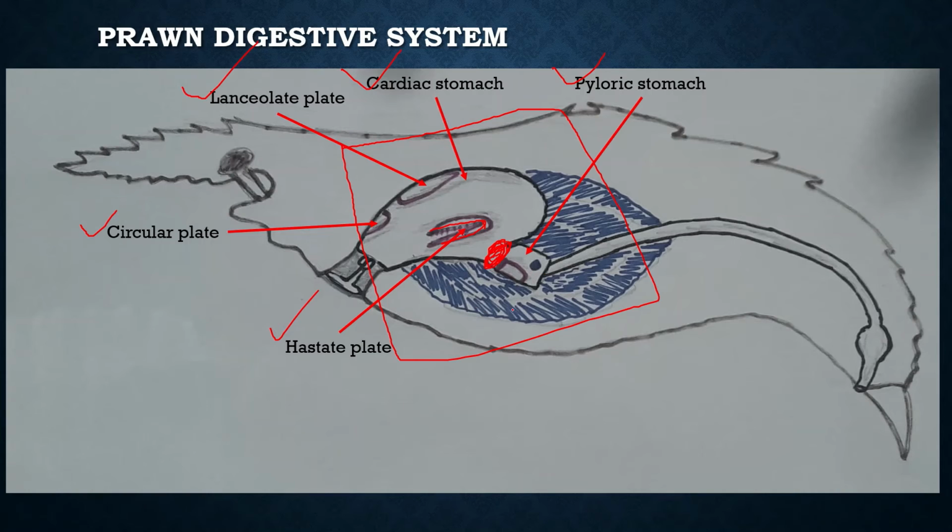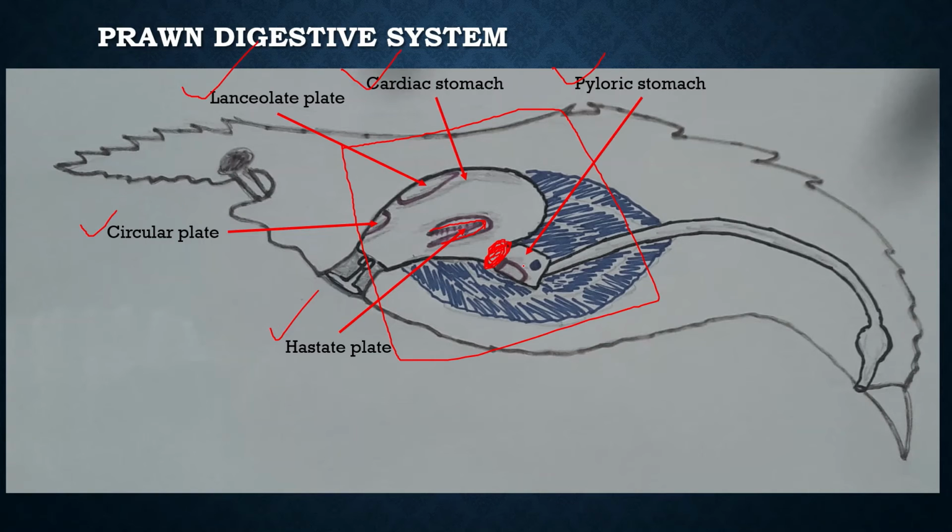It is a narrow X-shaped aperture, and it is guarded by 4 valves, that is anterior valve, posterior valve, and 2 lateral valves. Then the cardiac stomach opens into the pyloric stomach, that is, the food material which comes into the cardiac stomach then leads into the pyloric stomach.